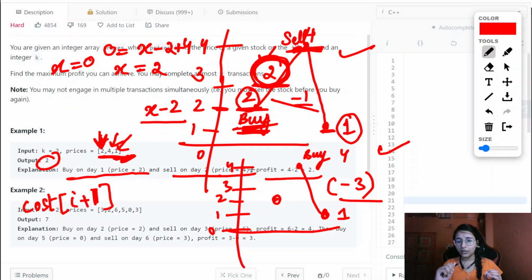Basically we are required to have the minimum cost. If we have minimum cost, then only can we buy that stock and gain more profit, right?